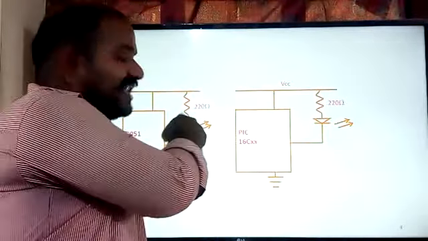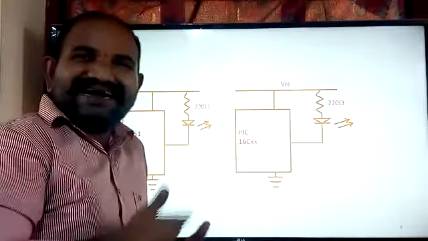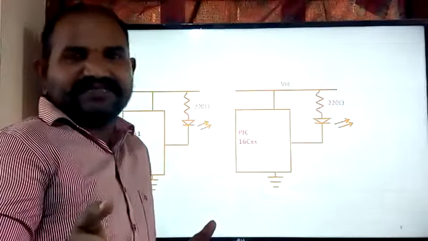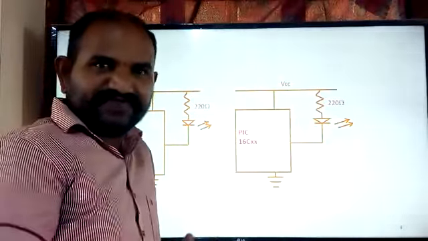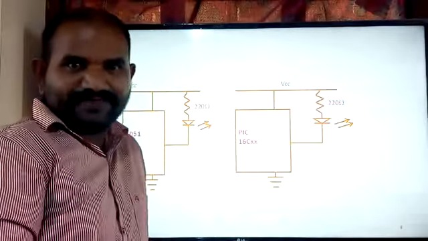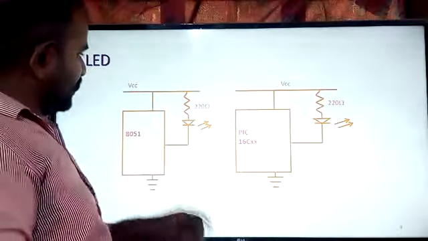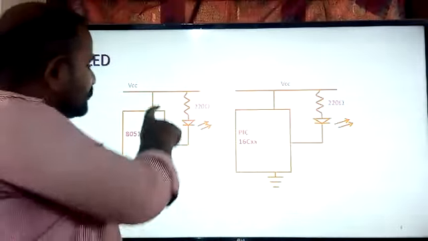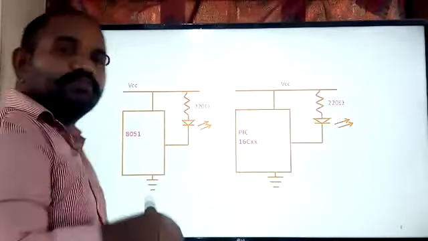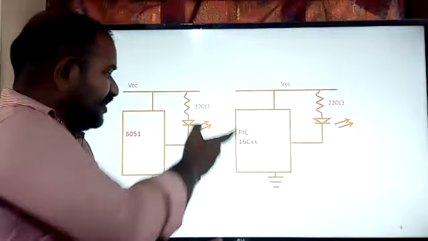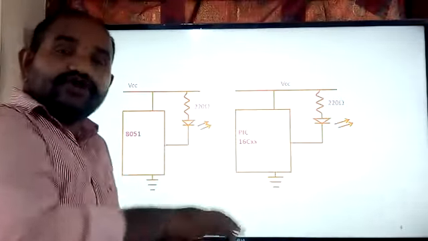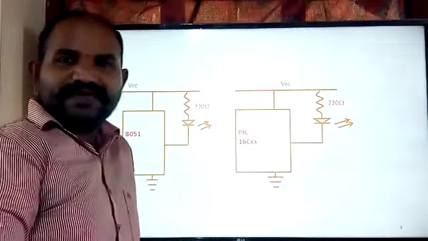This LED has a certain wattage; different LEDs are there in the market, and they are differentiated with respect to the power watt. If the power watt you are using is not satisfied, meaning the power supplied by the 8051 is more, then definitely your LED is going to burst.